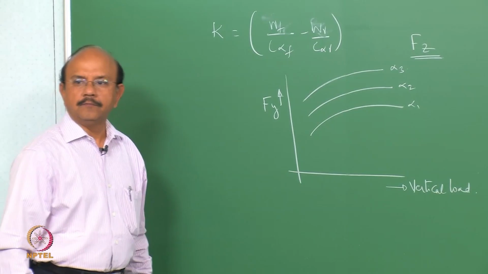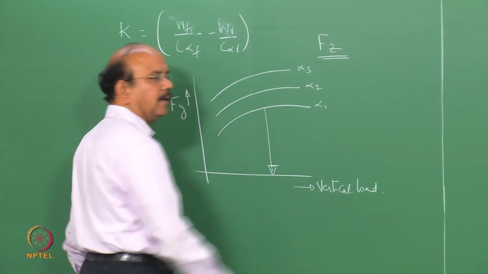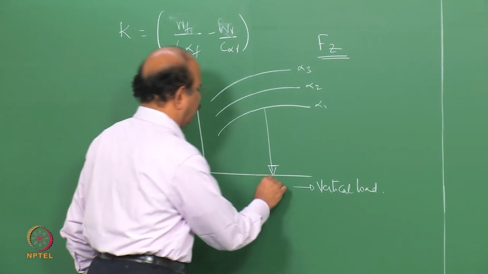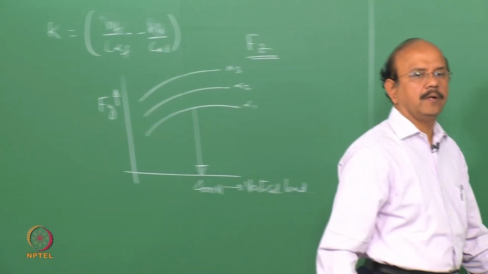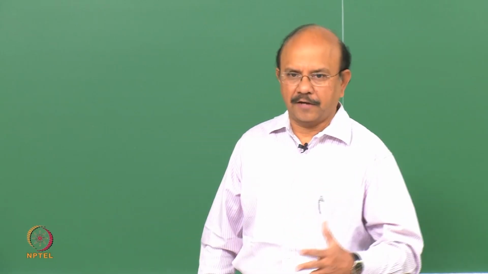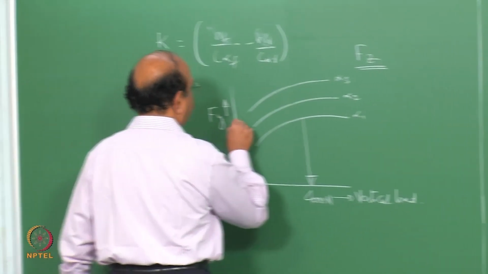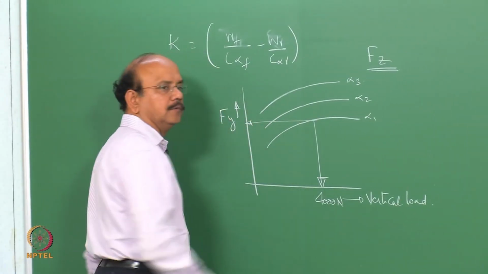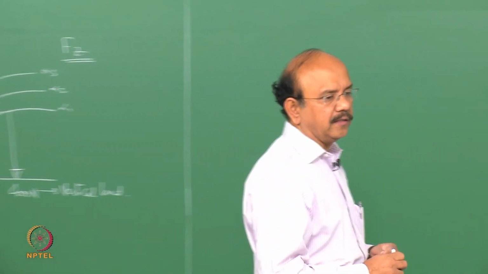Now, let us say that I have, say, 4,000 Newton that's acting on a tire. And that produces an Fy, and that's good enough for me to equilibrate the centripetal accelerations.